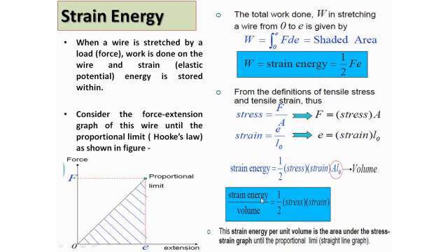Thus, strain energy divided by volume is equal to half stress into strain. Thus the strain energy per unit volume is the area under the stress strain graph until it has reached the proportional limit, that is a straight line graph. So I repeat, the strain energy per unit volume is the area under the stress strain graph.